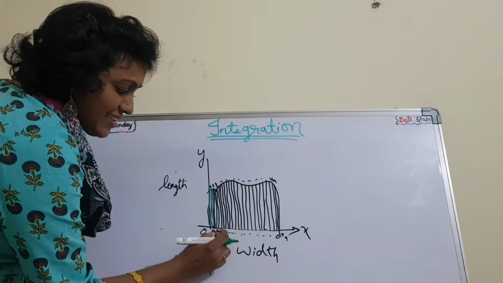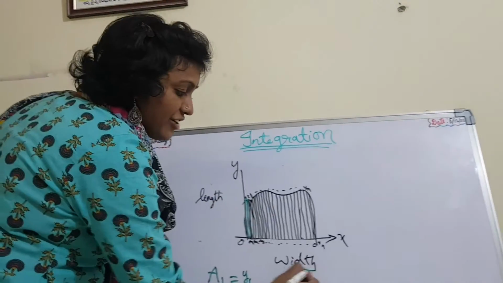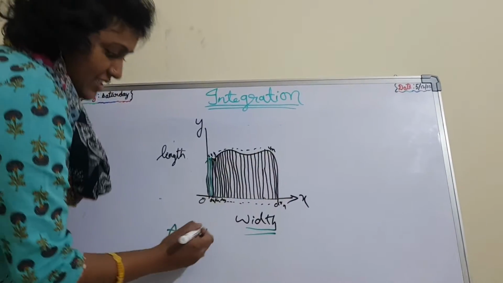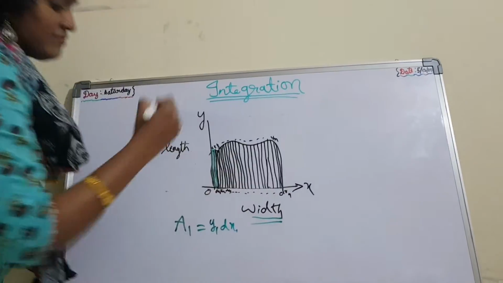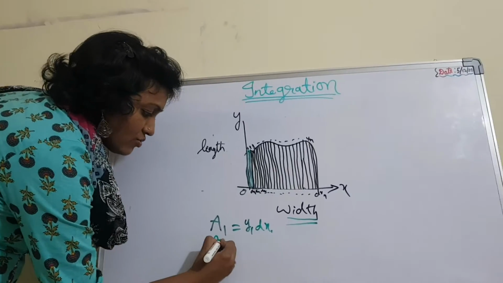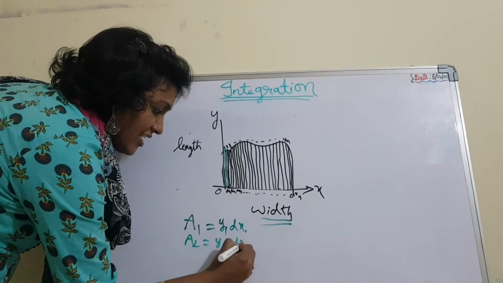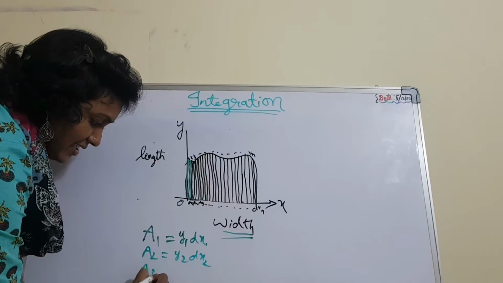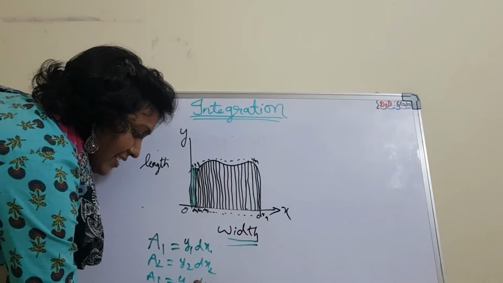The breadth is the width, and we take dx1, because different widths will be there. Next, A2 is y2 dx2, the second rectangle. A3 is y3 dx3.